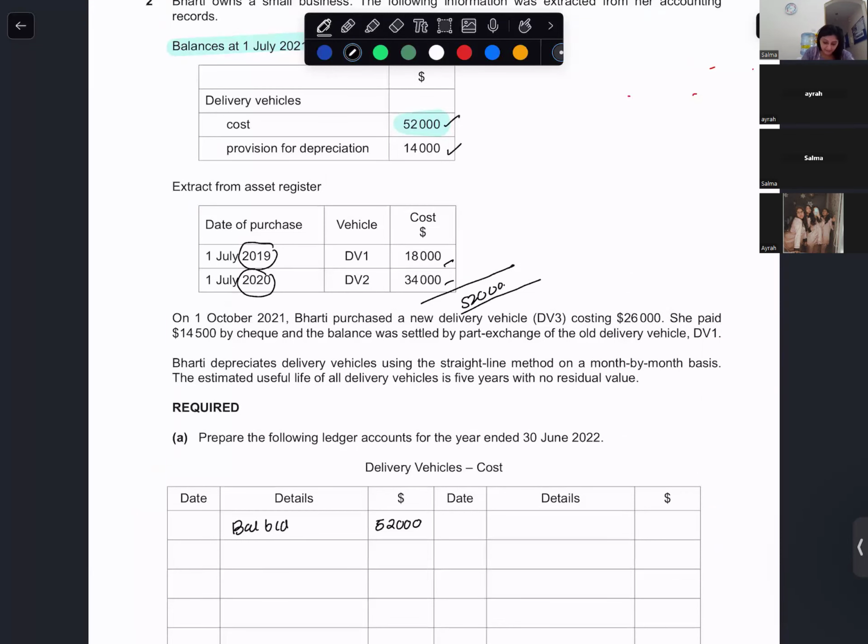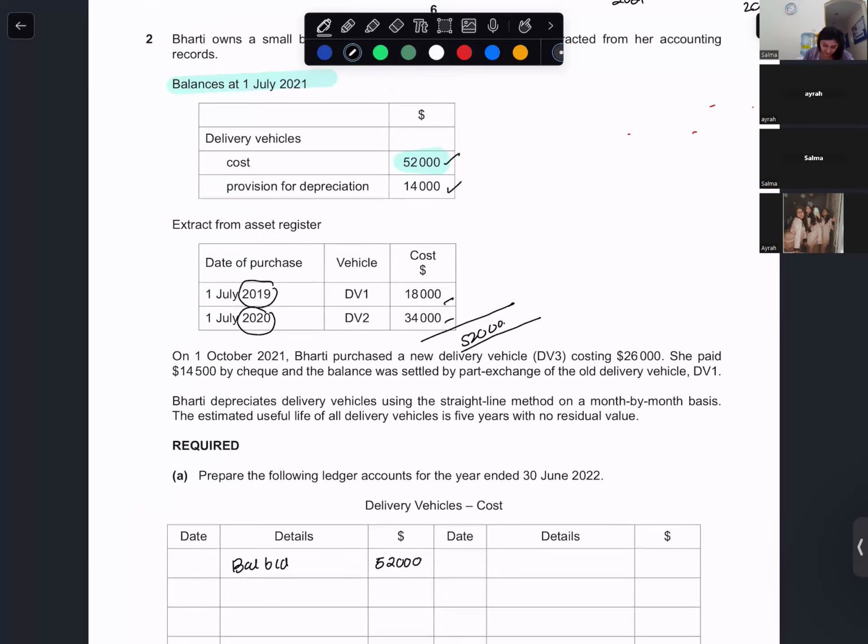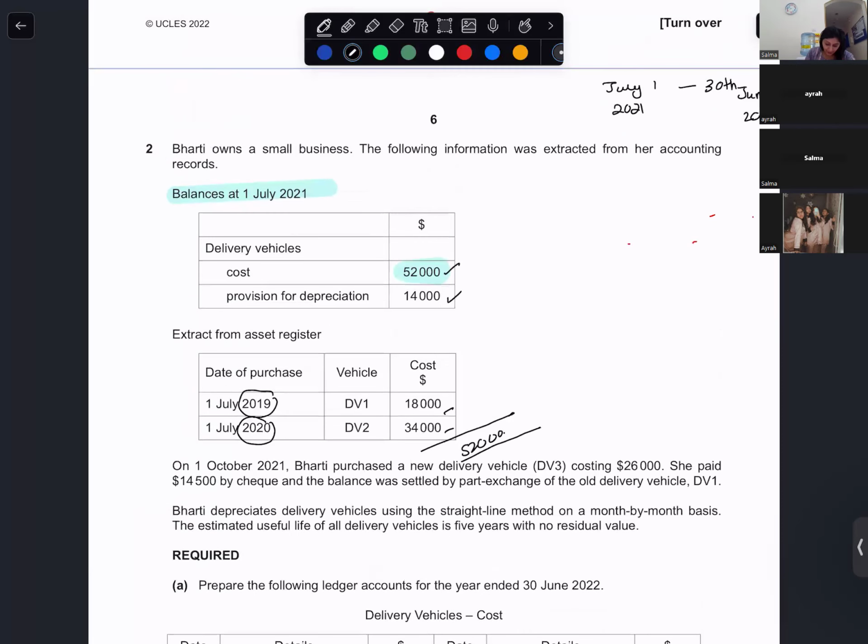This is your breakup. Now, on 1st October 21, that means in the year 21-22, a new vehicle was purchased, DV3, for 26,000.